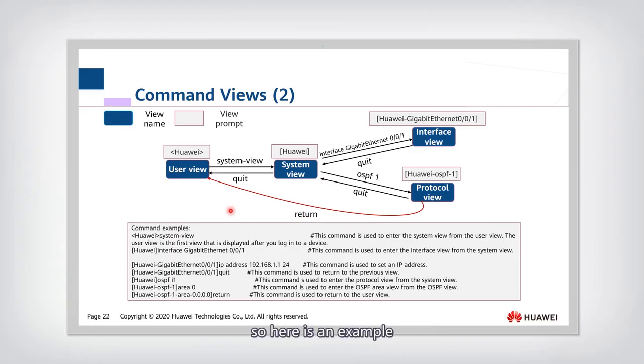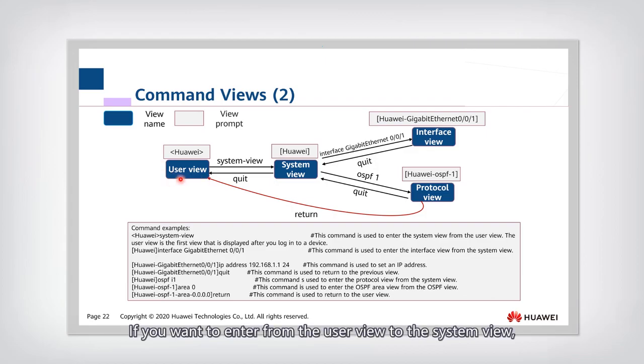Here is an example. After you log into the system, the first view is the user view. In user view, the view prompt is Huawei with angle brackets. In this user view, it only provides the display commands and the tool commands, for example, ping and telnet, but you cannot do any configurations in the user view.